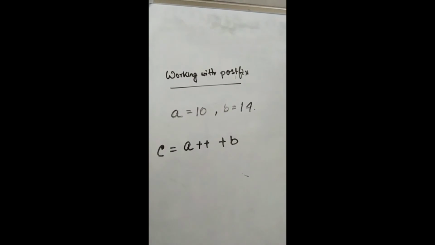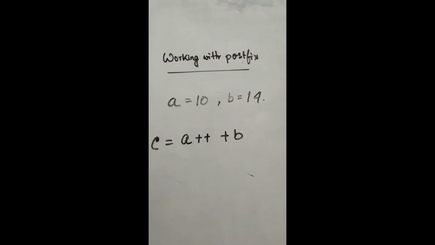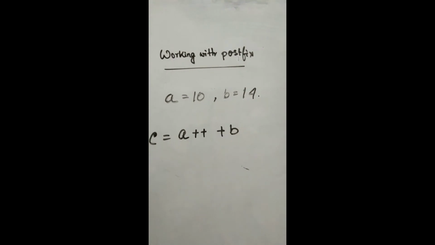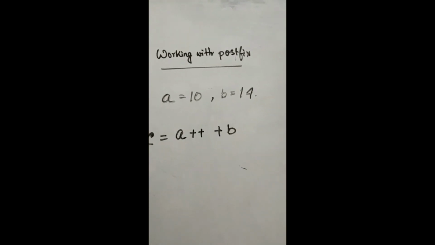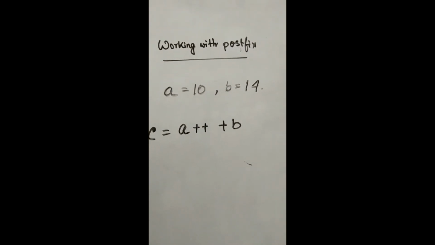Now, what does Java do here? First, Java uses the value of the operand. So first we will write the value of the operand for evaluating the expression. Then afterwards, we will change the value.